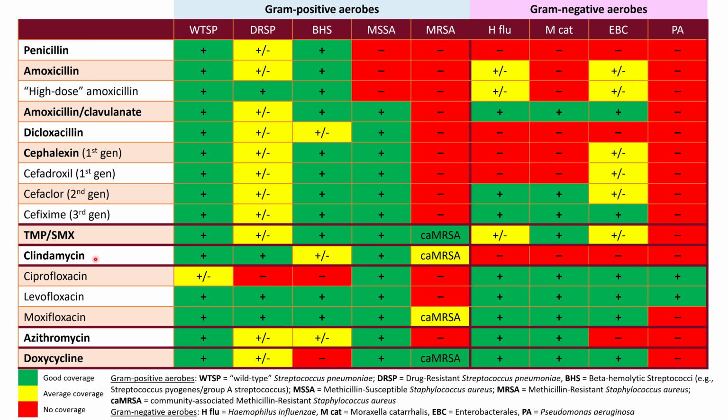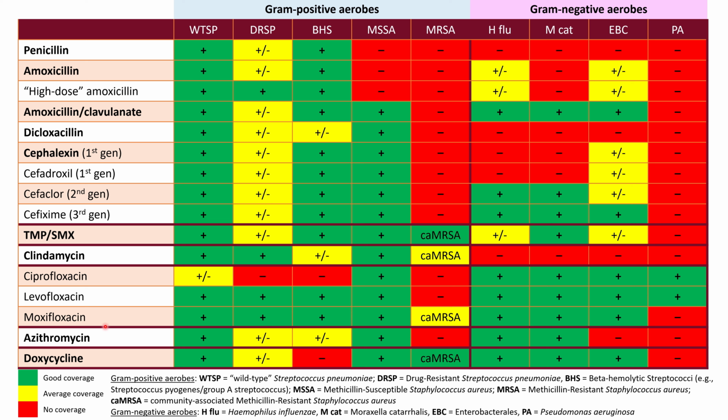With clindamycin, as I mentioned, there is an increasing rate of resistance in beta hemolytic strep. The same in community-acquired MRSA, there is an increasing rate of resistance to clindamycin. It does, however, maintain good activity against MSSA. Ciprofloxacin in general has poor gram-positive coverage. It can cover MSSA, but no coverage for MRSA or beta hemolytic strep.